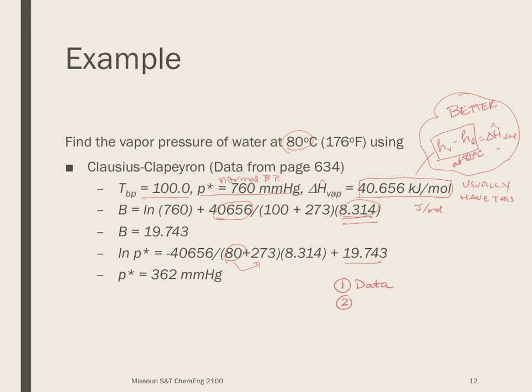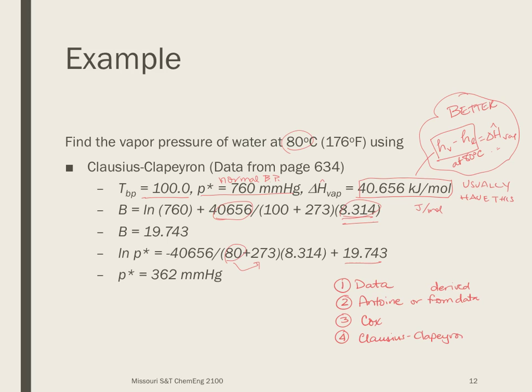The second choice would be to use an Antoine equation or another one derived from data. Third, if you're in a hurry, I would do a Cox chart. And at the very end would be when I would resort to using things like the Clausius-Clapeyron.